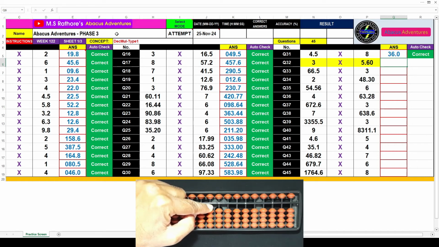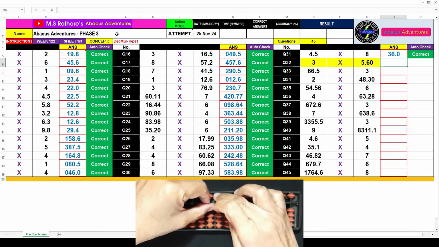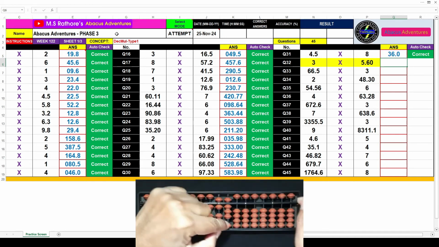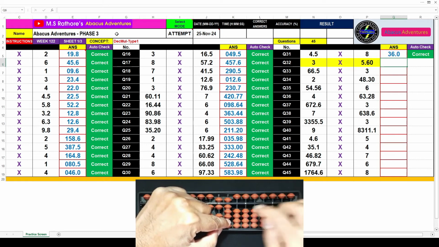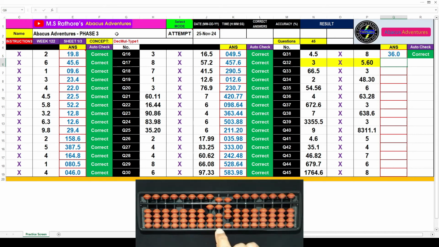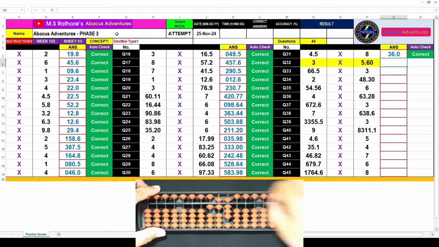From right to left, it should be 5 3s are 15 to begin with, finger shifted. 6 3s are 18, finger shifted. 0 3s are 0 0. And the answer will complete here. The answer is 16.80. Since there were two decimal places in the question, let's take two decimal places in the answer as well. 16.80.